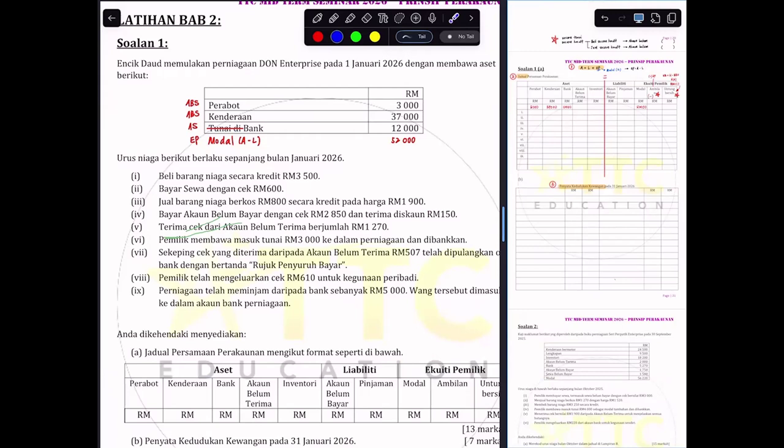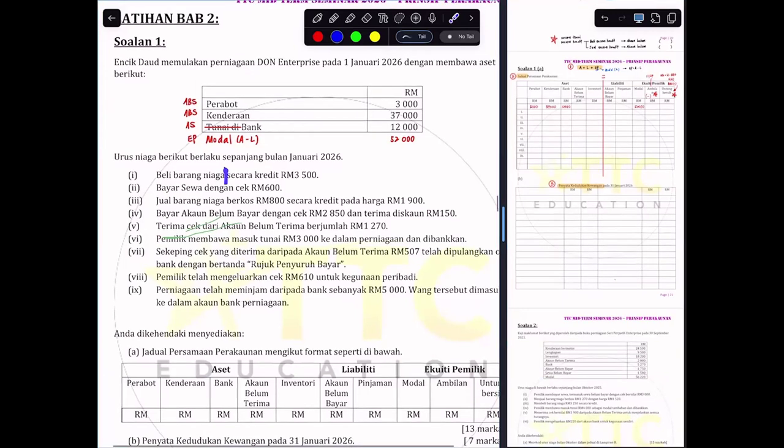So, beli barang niaga, stop here first. Barang niaga means your product. Product we call inventory. If you buy, your inventory is getting more. Okay, secara kredit, then answer me. Secara kredit means, have you received money?